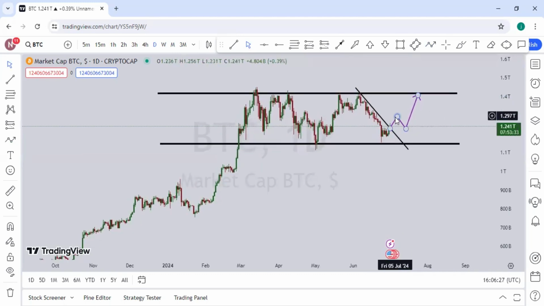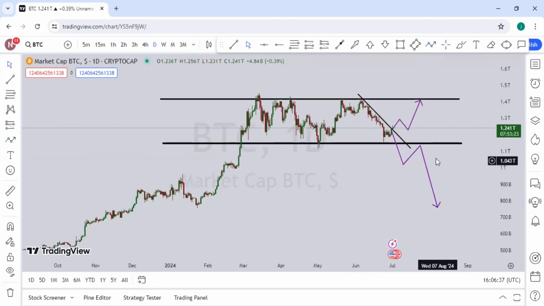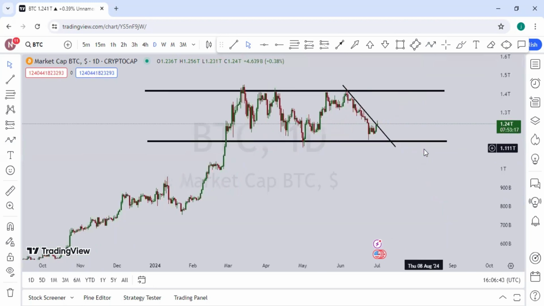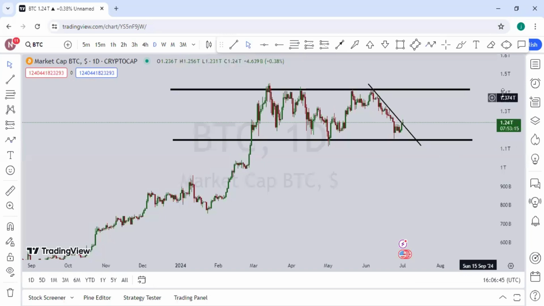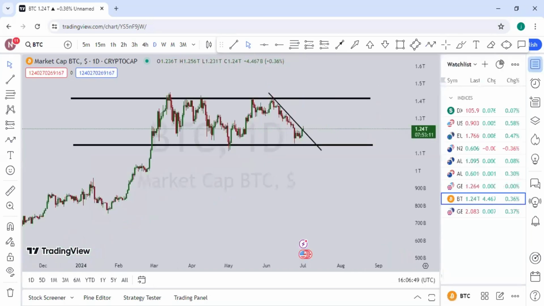But if the market does not give me a proper breakout, I will wait for a breakout to the downside, retest it, then I could go for a short. So those are two elements that I'm waiting to see if I can have a good setup.